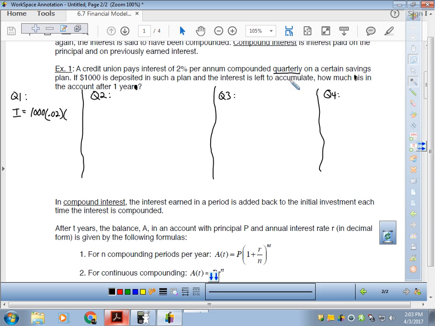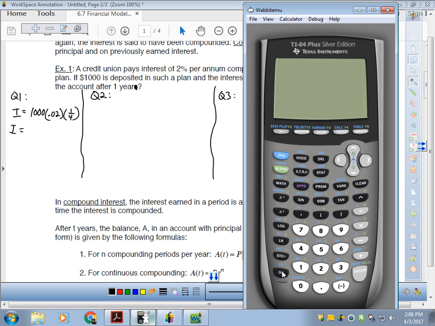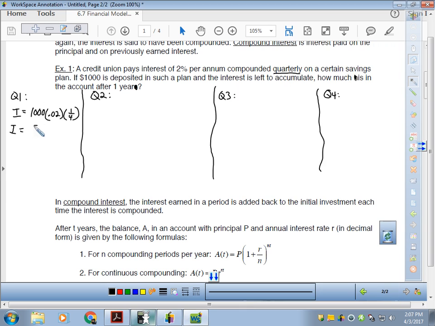Now, this time we're doing it quarterly, so we're only doing 1/4 of a year. So this is 1/4. And then we'll go to our calculator and figure out what that is. So 1,000 times 0.02 times 1/4, and we get 5.